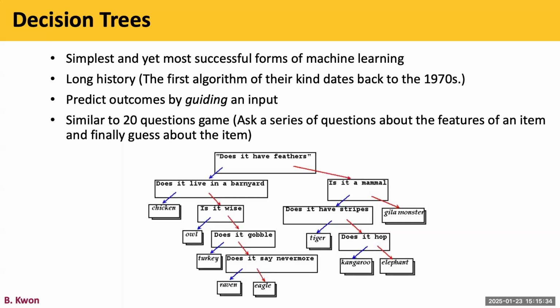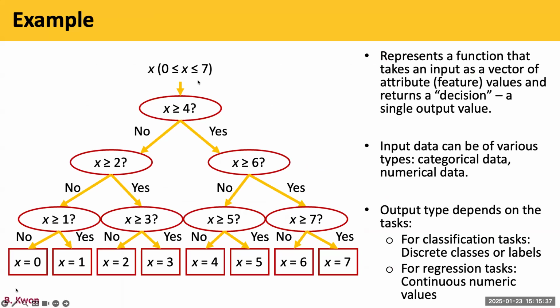Here's a really simple example of a decision tree. Maybe you have a number x, an integer between 0 and 7, and your player may ask 3 questions to identify the number in your head. In the first step, the player asks, is your number greater than 4?